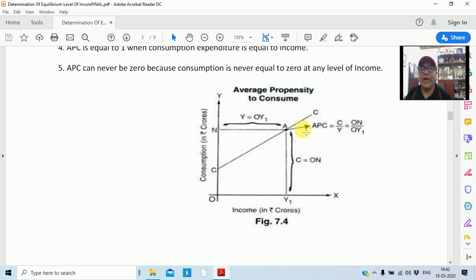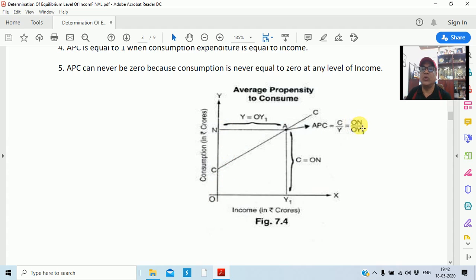Now if you look at point A, you take this point A. Here we are calculating APC. What is APC? APC is equal to C by Y. Means total consumption divided by total income. At point A, see what is the total consumption? This is the total consumption. How much? ON.